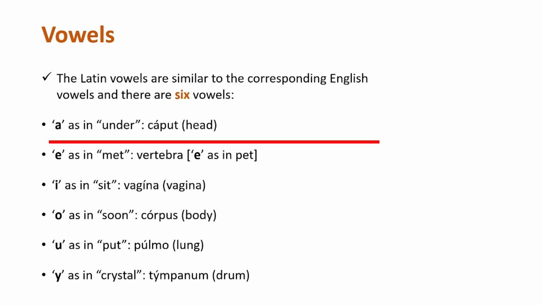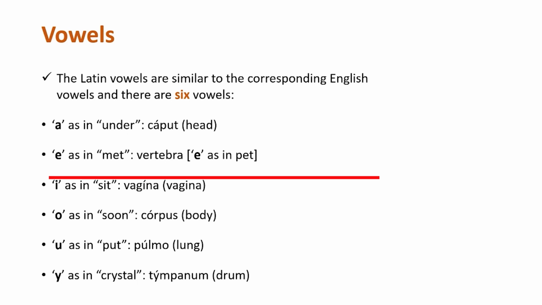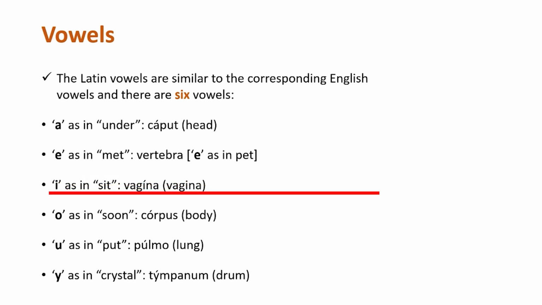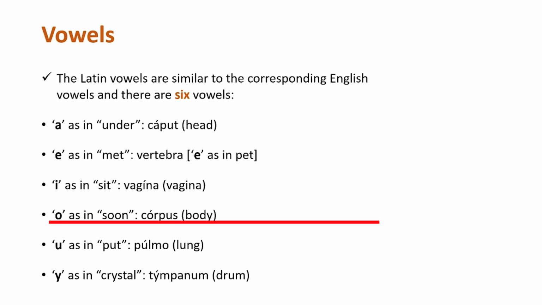A as in under or caput, A as in met, vertebra, I as in sit or in vagina. Vagina means sheath in English. O is pronounced as in soon, or as in corpus.